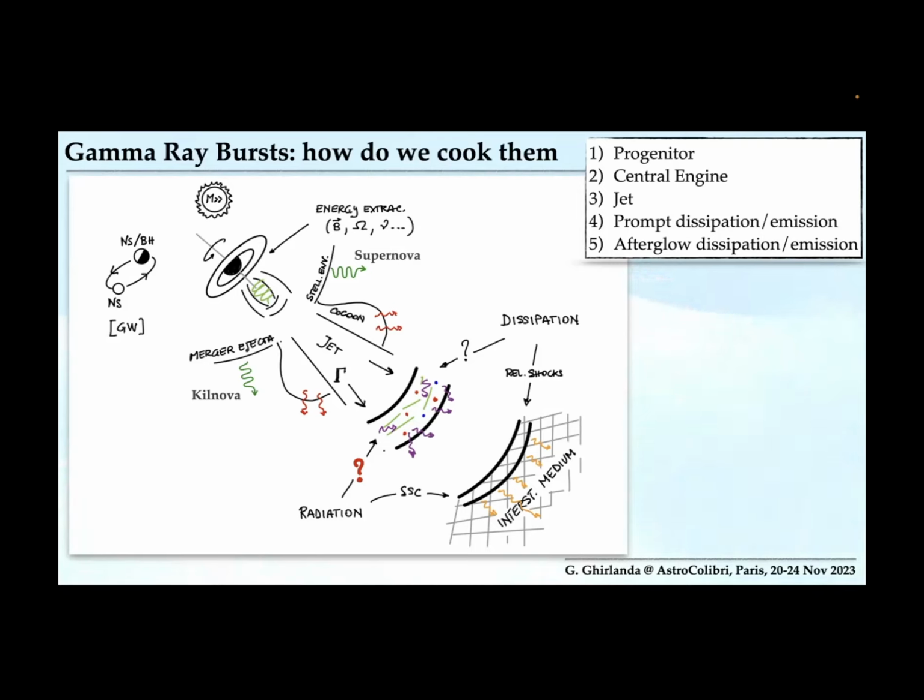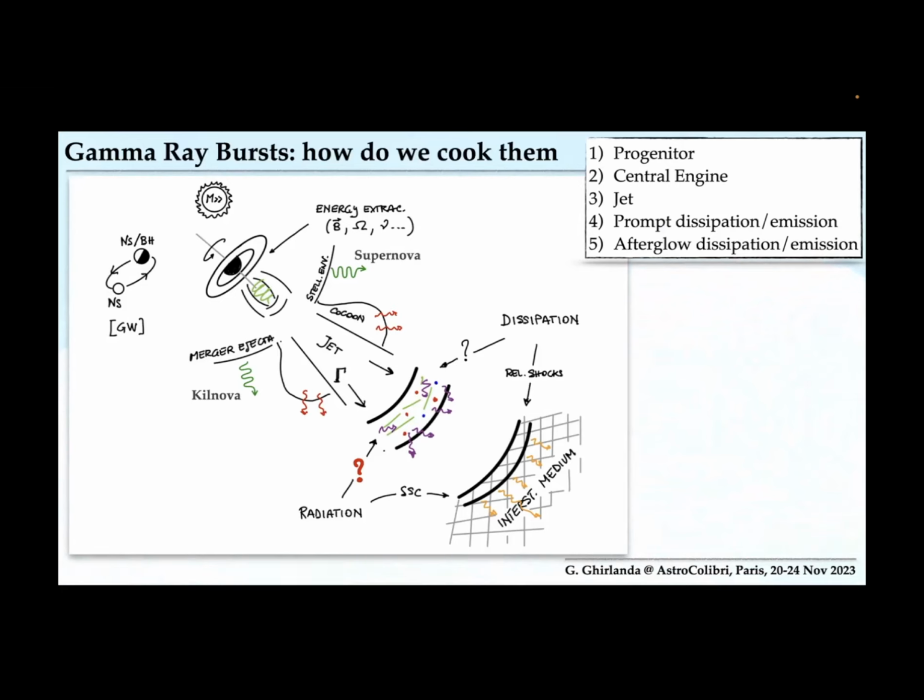The possible evolution of these systems leads to a quite similar configuration, where you have the formation of a central engine, either a highly spinning black hole or a highly magnetized and highly spinning neutron star, which is able to power a jet, which has to expand within the stellar environment of the progenitor until it breaks out and really accelerates, reaching relativistic velocities. There we may have the internal dissipation of energy, which gives rise to the prompt emission, and then the deceleration of the jet outwards, which gives rise to the afterglow.